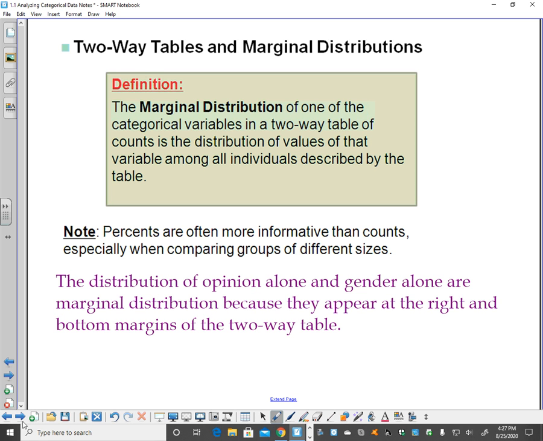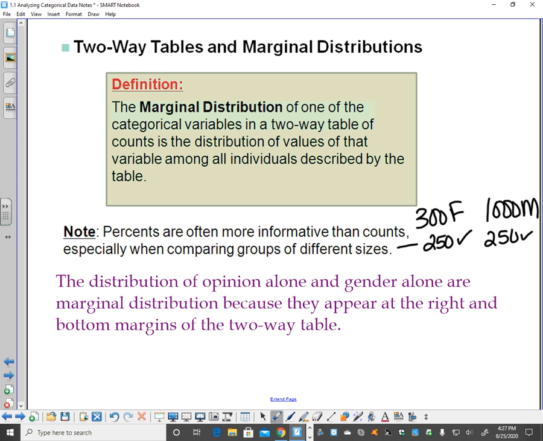Note, percents are often more informative than counts. We've talked about that, especially when comparing groups of different sizes. Absolutely. So if I have 300 females and 1,000 males, and I ask them their opinion about something, and 250 females said yes to that question, and 250 males said yes to that question.